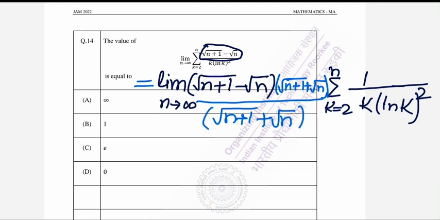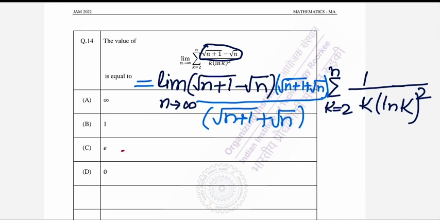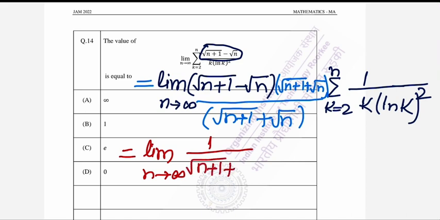If you now simplify this, then you will have this thing I show you: limit n tends to infinity, here will be 1, and in the denominator it will be root n plus 1 plus root n.